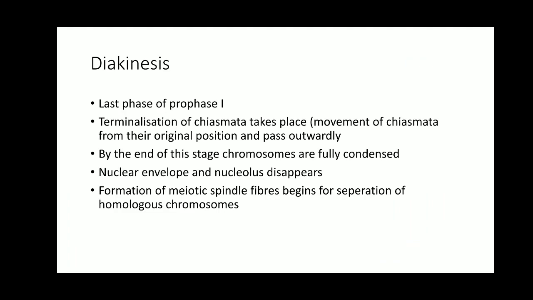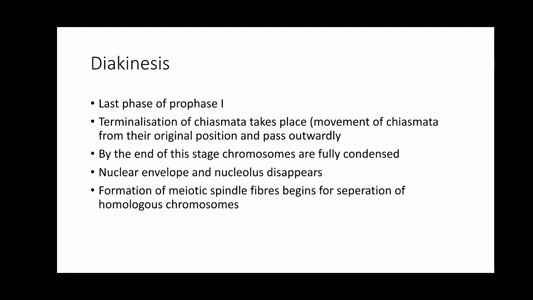They can be seen in the metaphase stage. Here, as in the prophase of mitosis, the nuclear envelope and nucleolus are going to disappear, and the formation of meiotic spindle fibers for the separation of the chromosomes in the metaphase stage is initiated at the centrioles in case of animal cells and from the microtubules in case of plant cells.